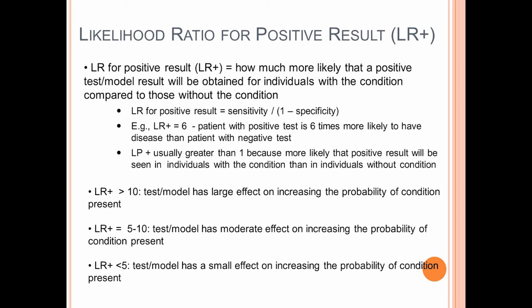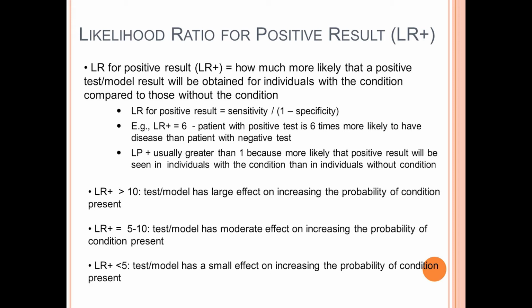If there's a positive likelihood ratio of 6, it means that a patient with a positive test is 6 times more likely to have the disease than a patient with a negative test. The positive likelihood ratio is usually greater than 1 because it's more likely that a positive result will be seen in individuals with the condition than without the condition.